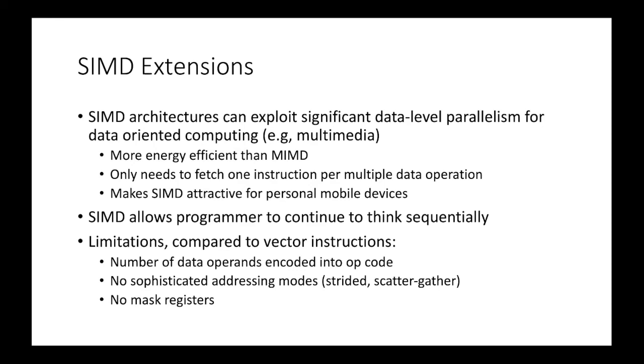The limitations include that the number of data operands is encoded into the opcode, and it doesn't support sophisticated addressing modes like strided or scatter-gather addressing that are supported by vector processors, and there are no mask registers. So a SIMD extension is like a baby version of a vector architecture.